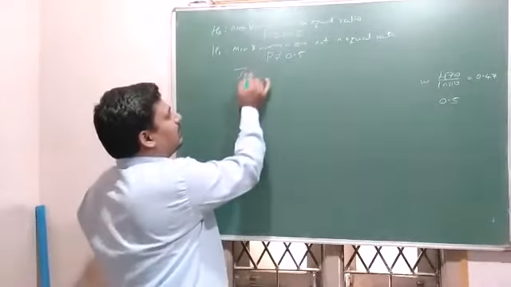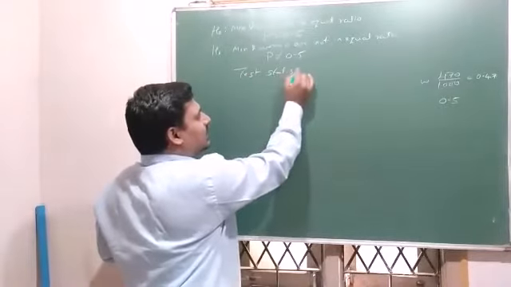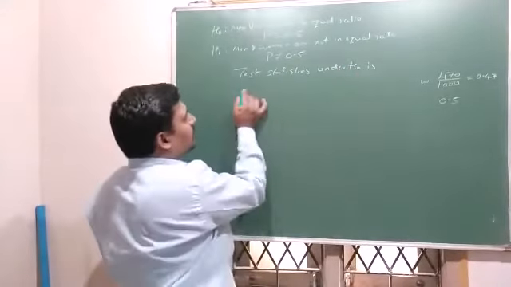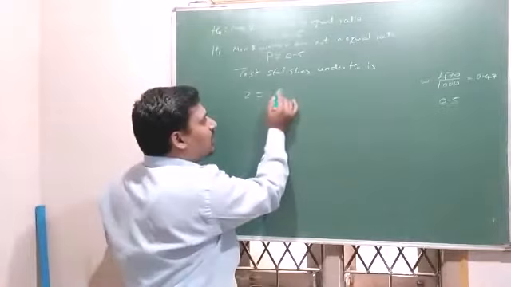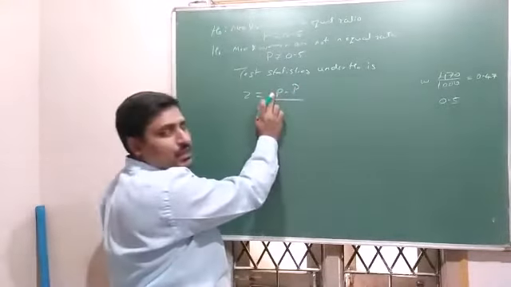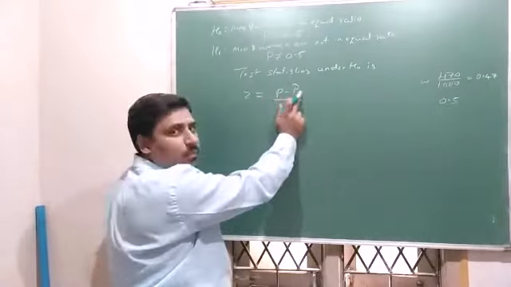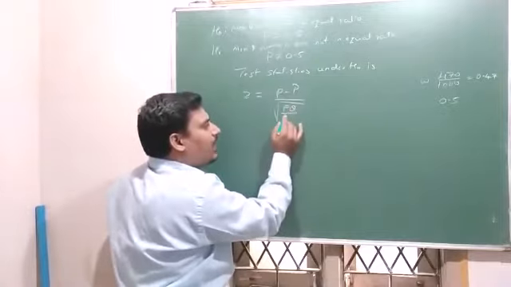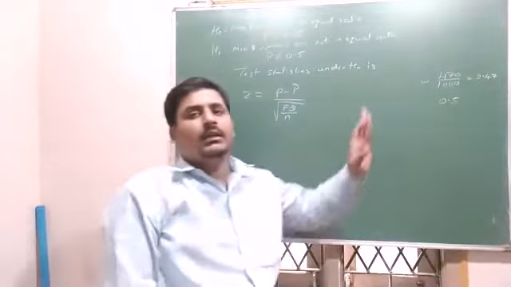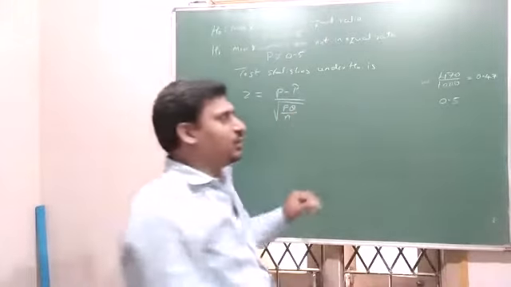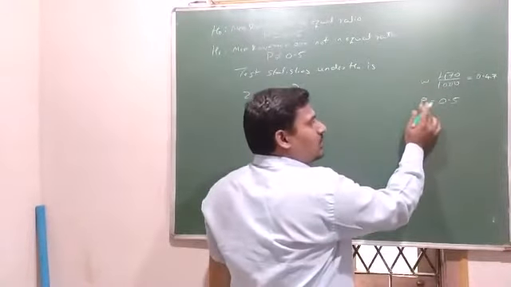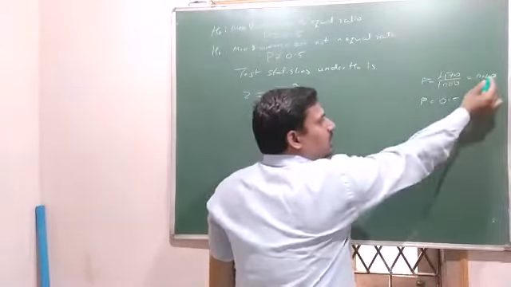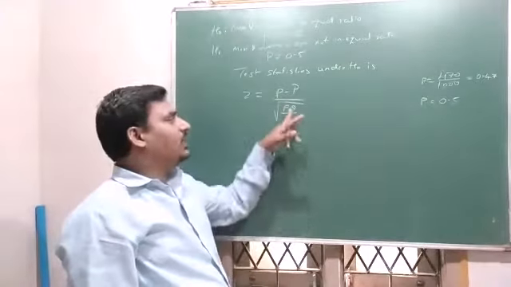So the test statistic under H naught is Z equal to small p minus capital P, that is sample proportion minus population proportion, divided by root of PQ divided by N. Capital P indicates the population proportion, which is assumed to be 0.5, and the sample proportion small p is 0.47.